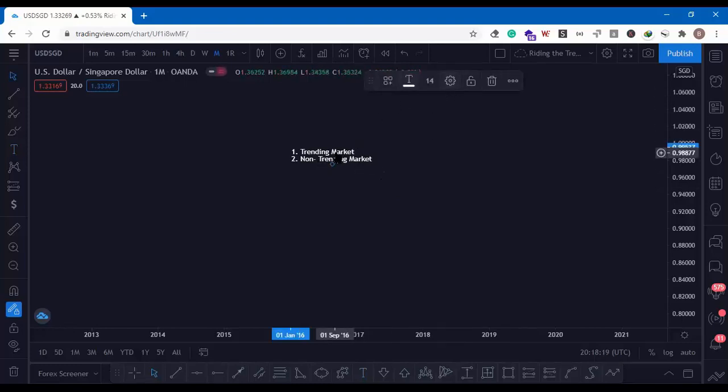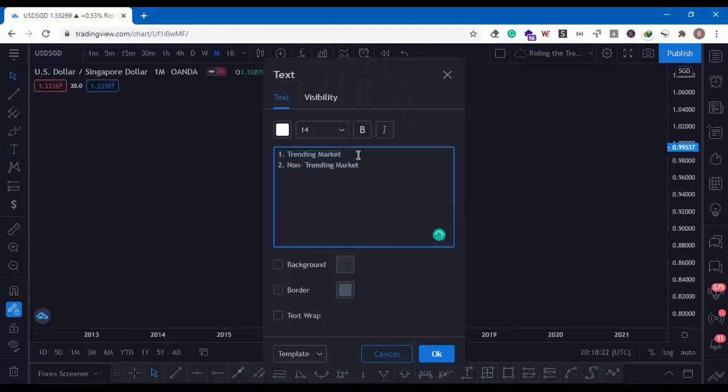With the trending market, under it we have a bullish market, and the next one is the bearish market, or we can say downwards market, and this one you can say upwards market.